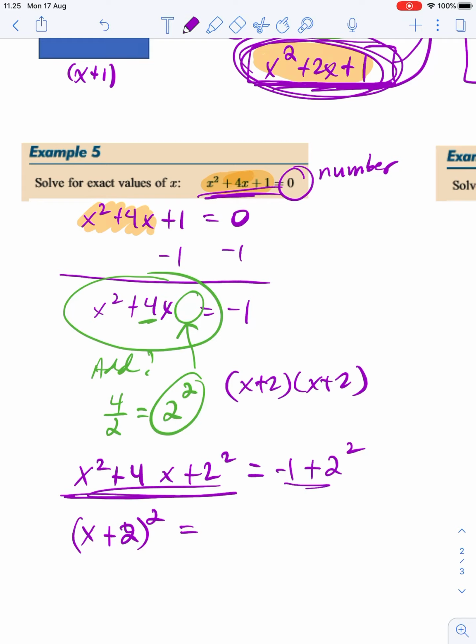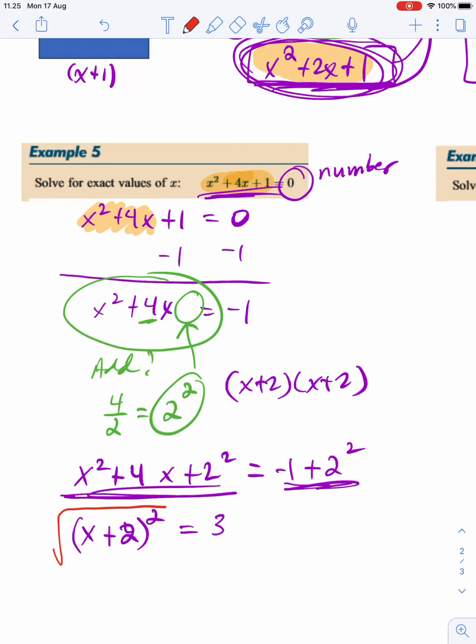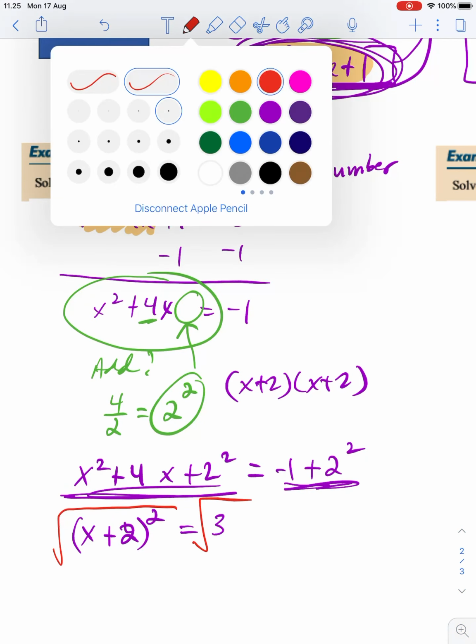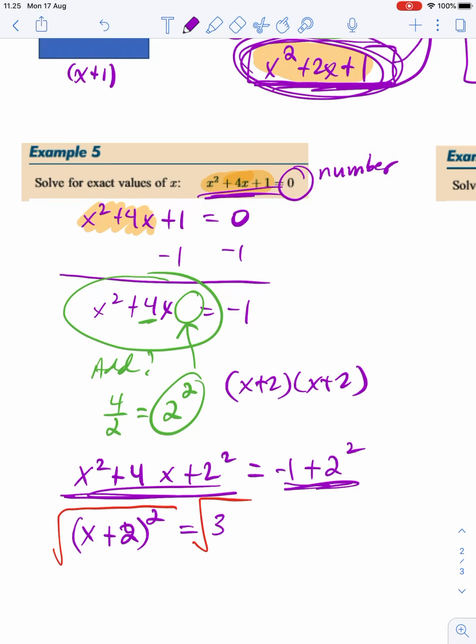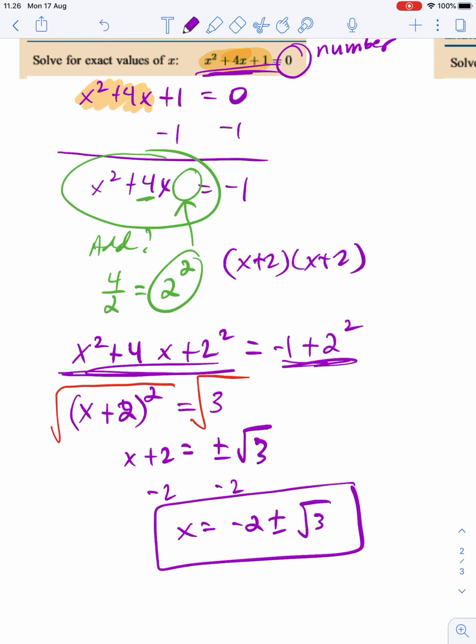And over here, this side, well, that's 4 plus negative 1, which gives me a 3. So I can easily solve. You get x plus 2 is equal to plus or minus the square root of 3. Subtract 2 on both sides, and x equals negative 2 plus or minus the square root of 3. Done.